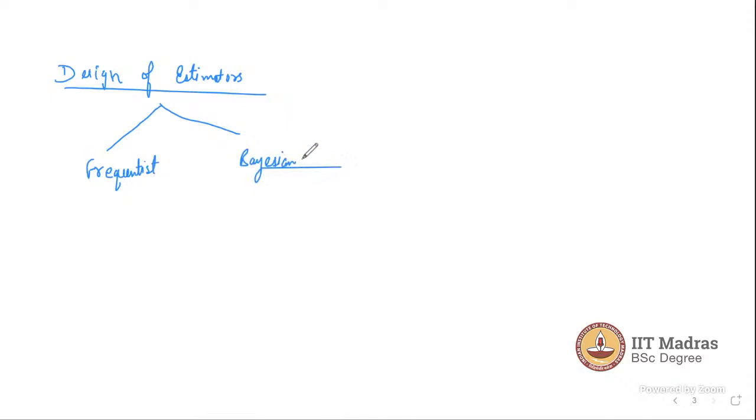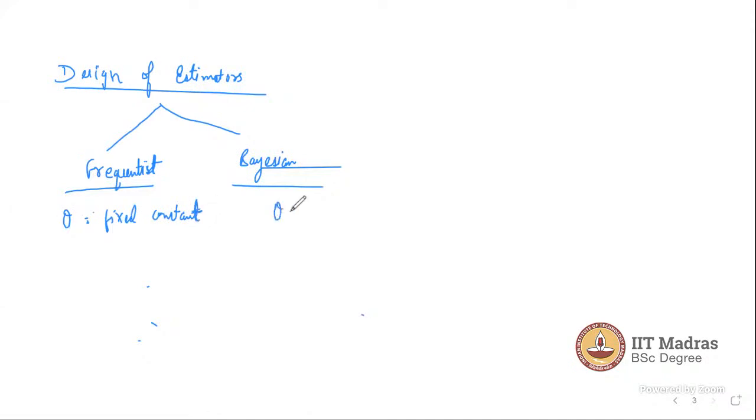In the frequentist approach, we say our parameter theta is a fixed constant. We assume that it is a fixed constant. But in the Bayesian approach, we say it is a random variable.